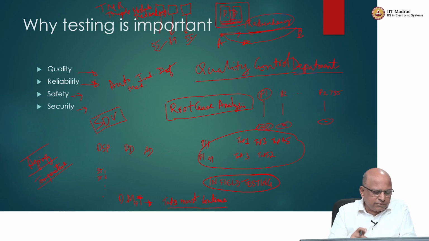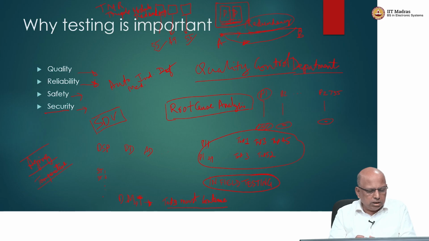Then there is the aspect of security, right. What is security? See, the systems that we use today, we are placing a lot of them on the internet, right. The car is on the internet, the TV is connected to the internet, your mobile phone is connected to the internet, your laptop is connected to the internet.